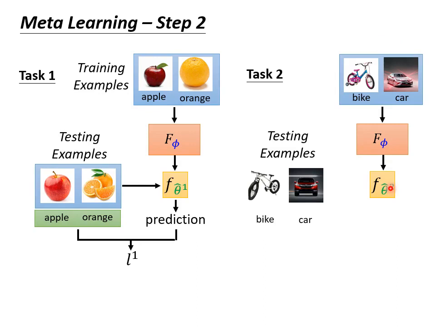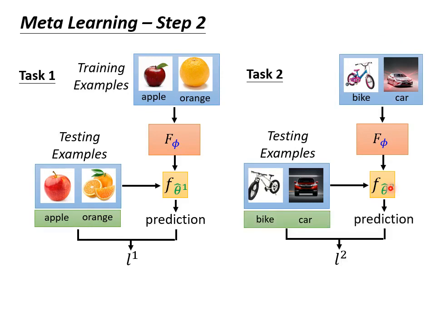And we can also evaluate the goodness of this classifier by the testing example of task 2. So we have another loss, L2. L1 represents how good the classifier we learned in task 1 is. L2 represents how good the classifier we learned in task 2 is.